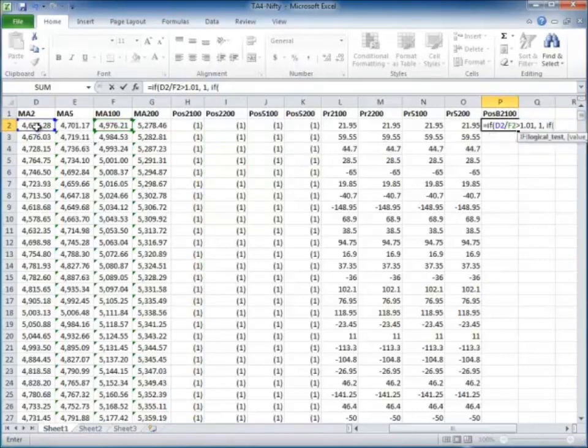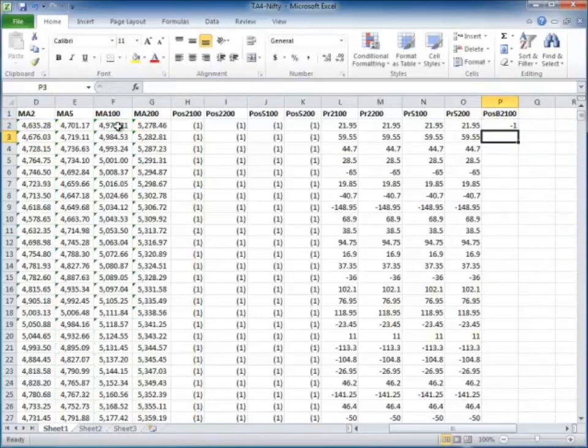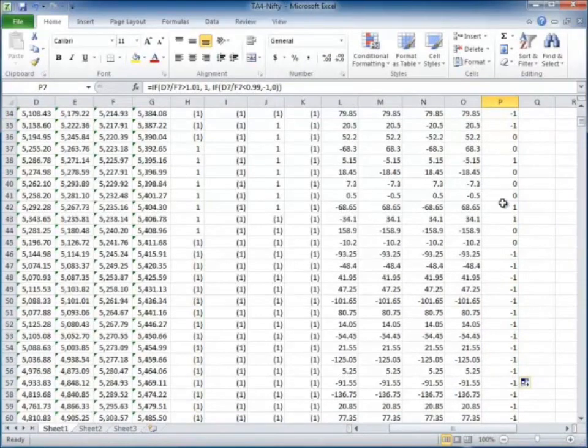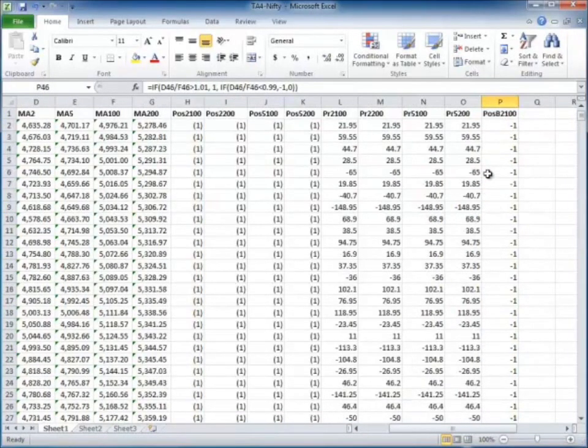If this divided by that is less than 0.99, so it's lower by more than 1%, then give me a short position, and otherwise give me a 0, which is essentially no position. So now I run this, and I can see I have zeros in here, I've got ones and minus one. So there are some days where I take no position.